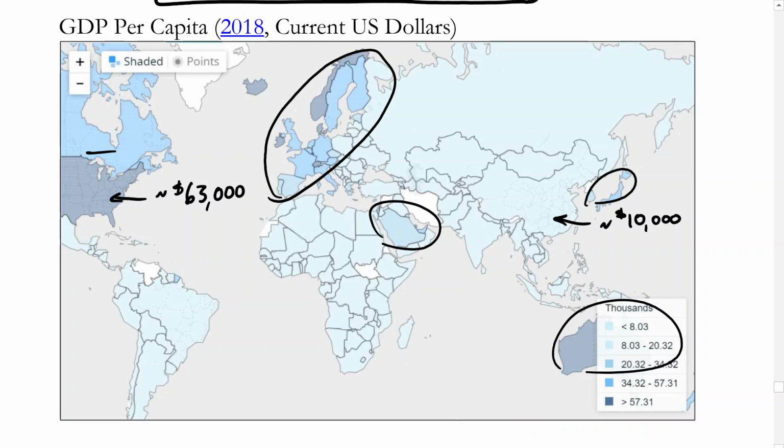Although here we also have Saudi Arabia and Qatar. Qatar is actually one of the top 3 highest real GDPs per capita. And that's because they are very oil rich. So they do have a relatively high GDP, but also a small population.